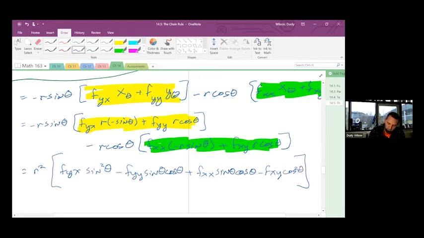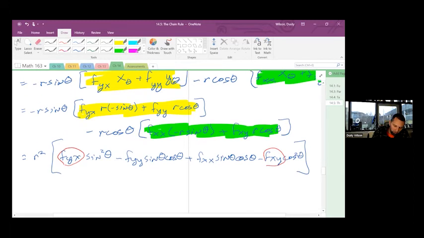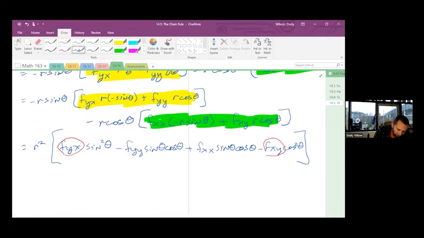Okay. Notice that you have the mixed partials, which, assuming everything is continuous, are equal to each other. Since those are equal to each other, there's a common factor. This would be r squared times fxy times a sine squared theta minus cosine squared theta.